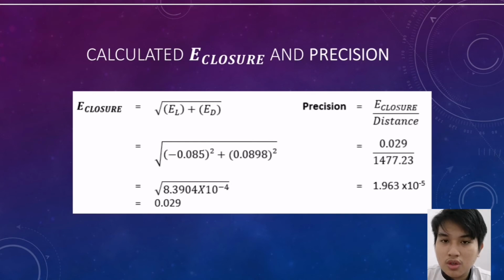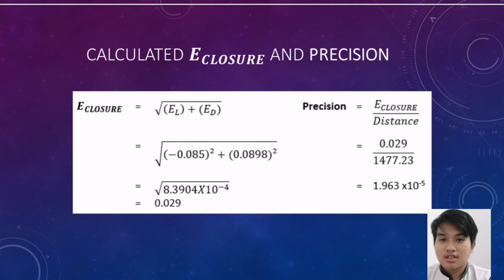The formula is enclosure divided by distance. 0.029 divided by 1477.23, so we get 1.963 multiplied by 10 to the power of negative 5.